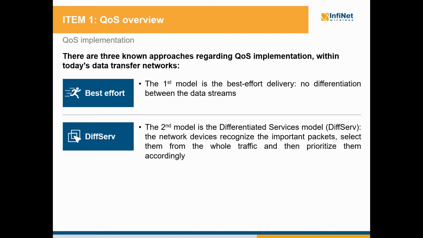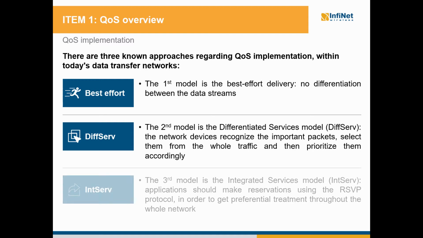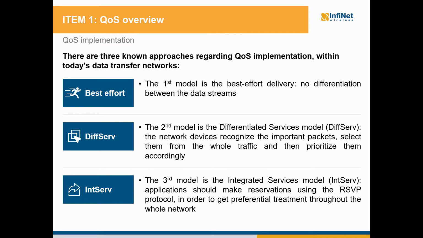The network devices recognize the important packets, select them from the whole traffic, and then provide the appropriate services to them, which is like scheduling some cars on fast straight lanes on a paid highway and other cars on slow curved neighboring roads. And the third model is the integrated services model, or intserv.